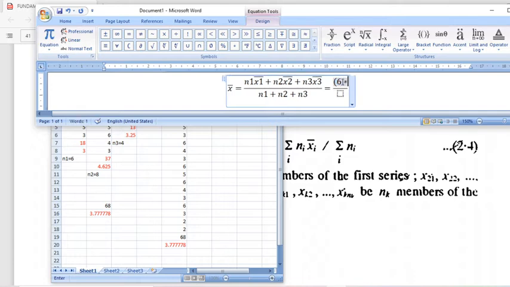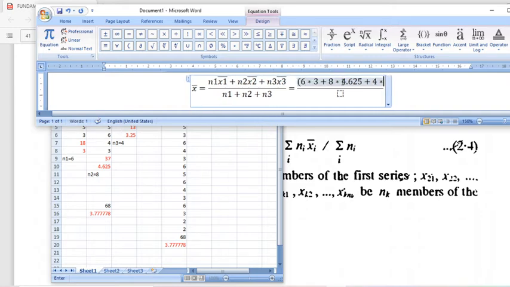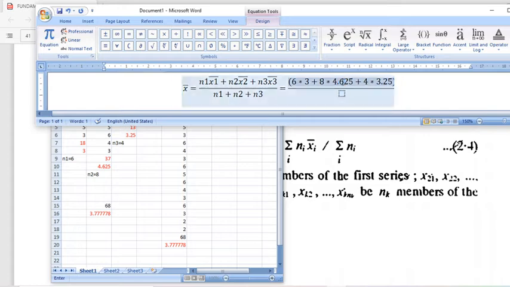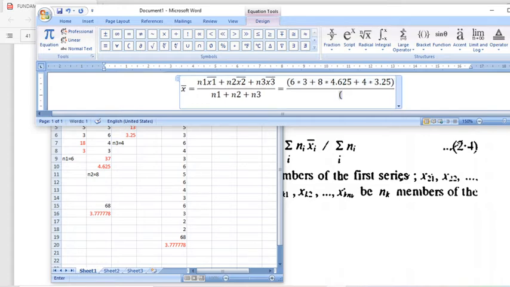6 into x1 bar, which is 3, plus another set has 8 into 4.625, plus next is 4 into 3.25, divided by the total number, 6 plus 8 plus 4.